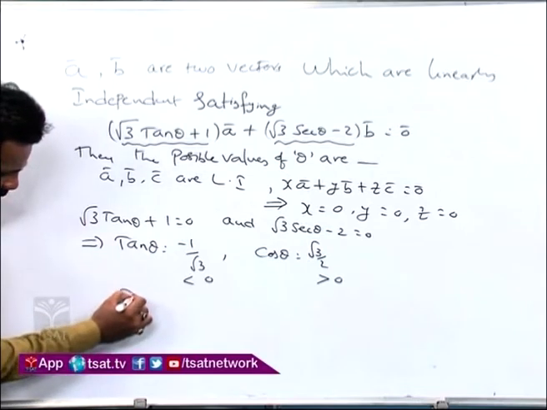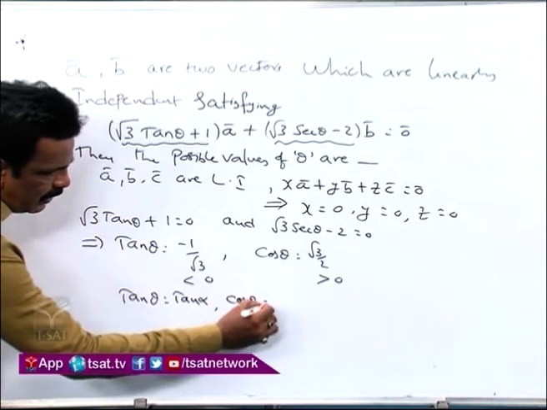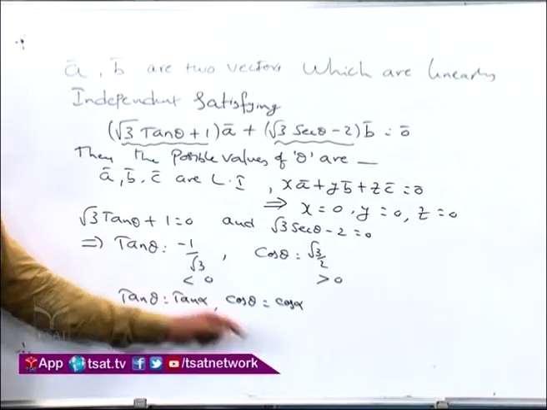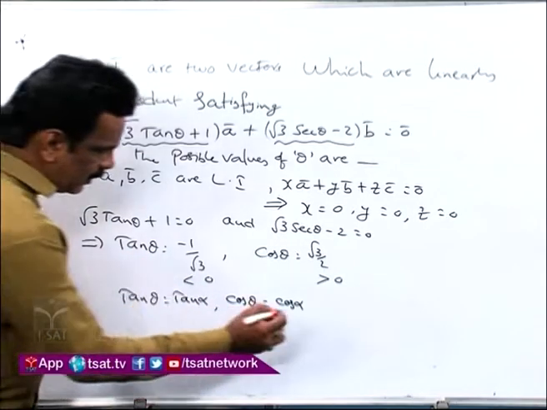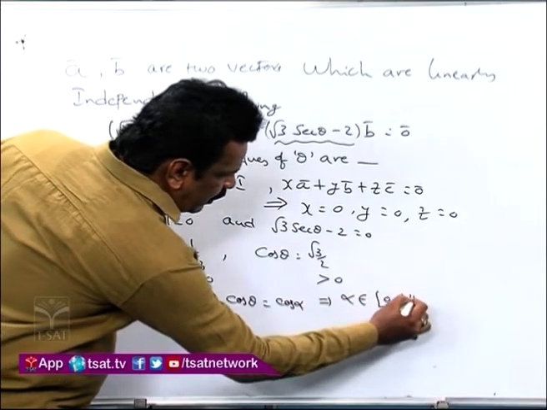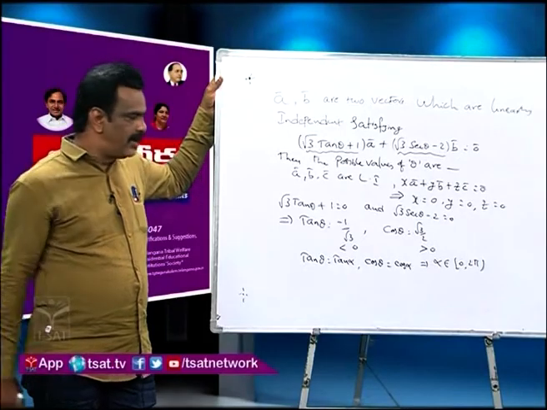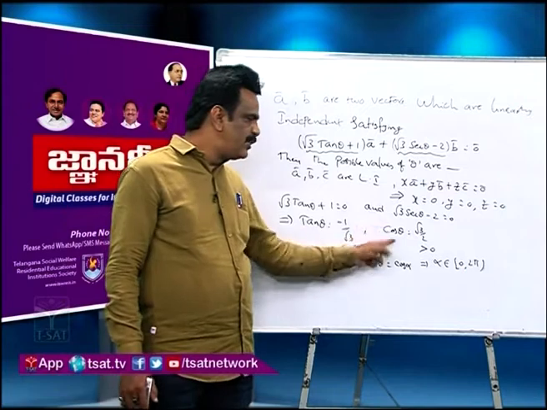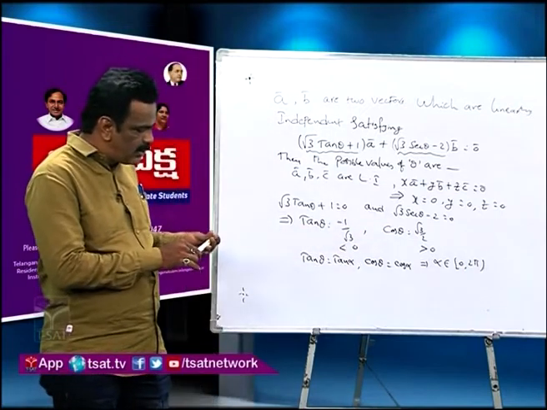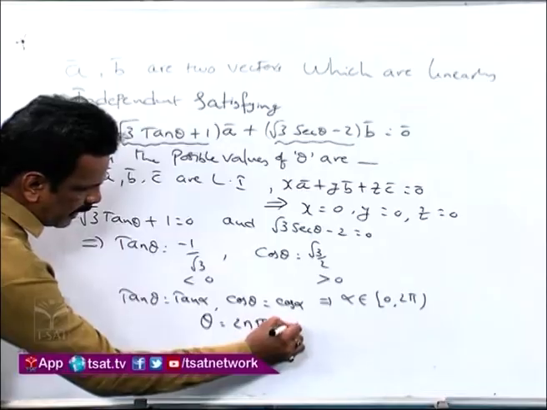If tan theta equal to tan alpha and cos theta equal to cos alpha, like that two trigonometric equations we are solving simultaneously, in that case, you must identify alpha belongs to the interval 0 comma 2 pi, because two trigonometric ratios define exactly one quadrant. Here tan is negative and cos is positive, definitely we can take the fourth quadrant, and here general solution of theta is given by theta equals 2n pi plus alpha.